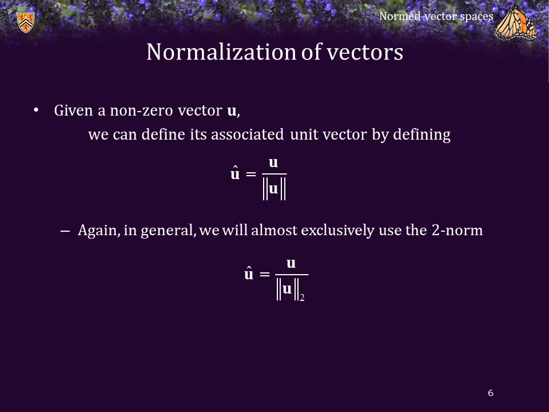So u hat is a vector divided by its 2 norm. Now, you'll remember that this is scalar multiplication. So dividing a vector by a real number is the same as multiplying the vector by the reciprocal of that number.